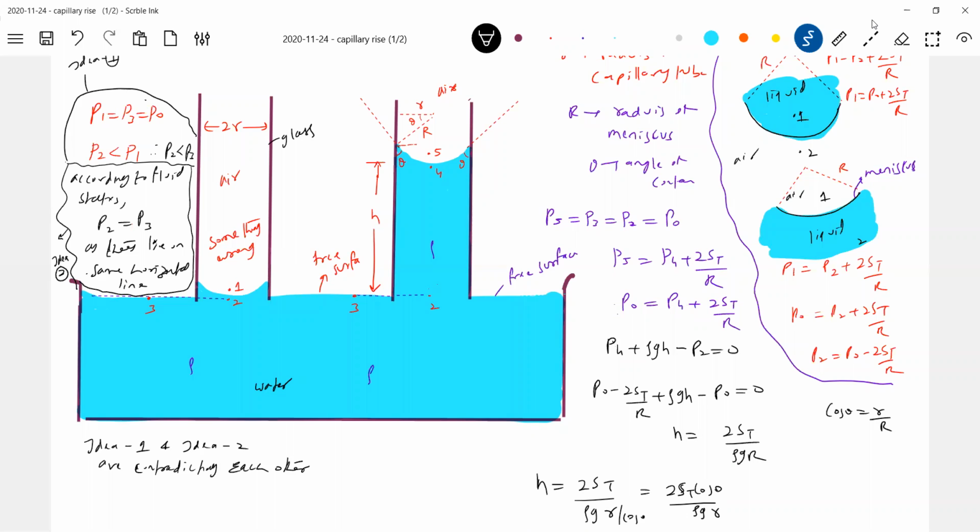Theta is the angle of contact. So this is the expression for the height to which the water will rise in a capillary tube. Able to understand? This is our expected answer.